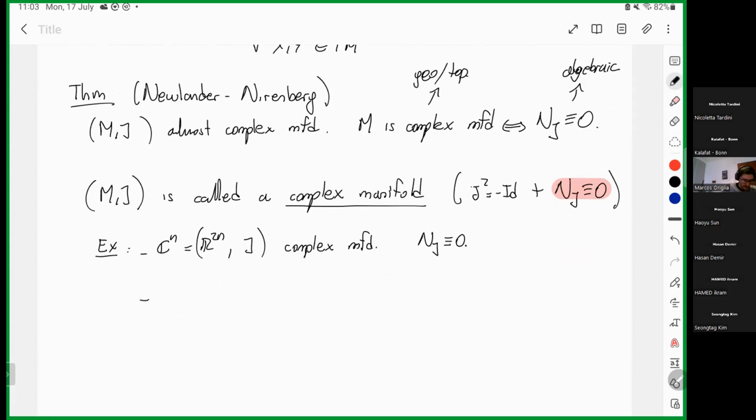One example where the condition is not satisfied is S^6 with the almost complex structure given by the octonions.